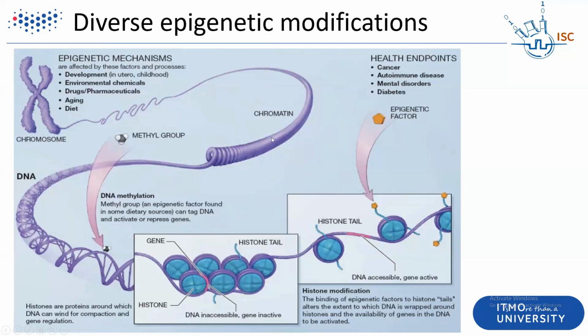So here, when you take the single chromosome, you might produce chromatin, and after stripping the DNA from the histone molecules, you have DNA which is methylated, and these methyl groups are epigenetic factors found in some dietary sources that can tag DNA and activate or repress genes.